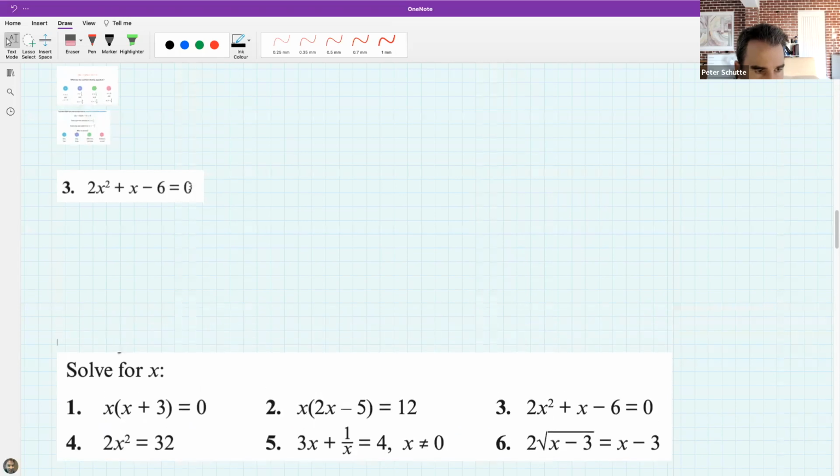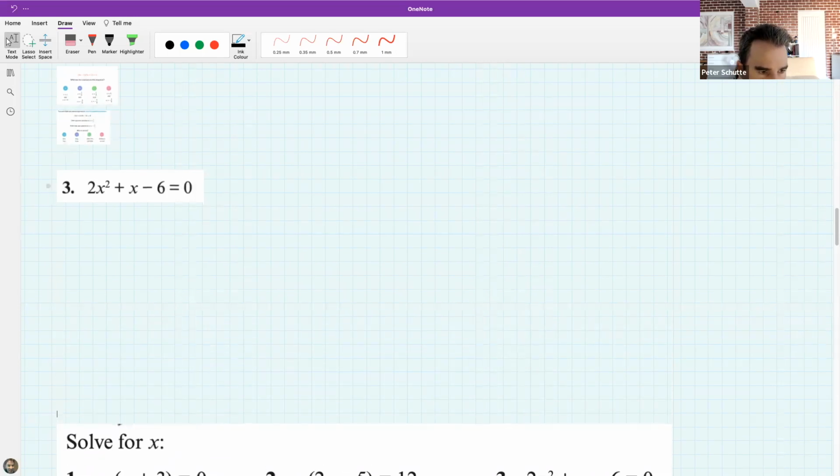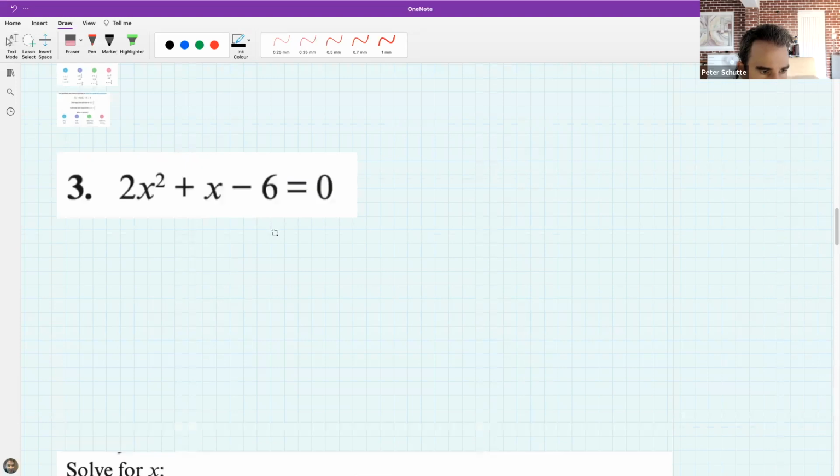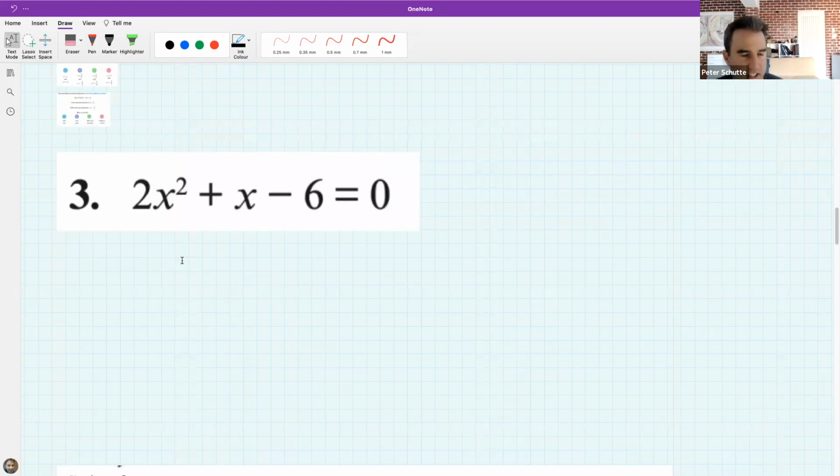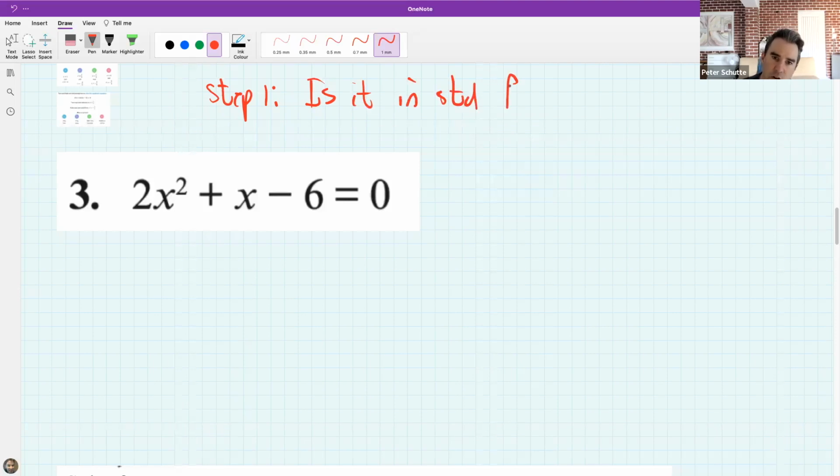Okay, what I want you to do is try and solve this quadratic equation for me using the same idea. So I'll even put the steps on the side here and you solve it. Step 1, is it in standard form? Step 2, factorize.